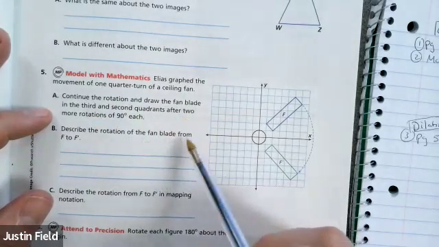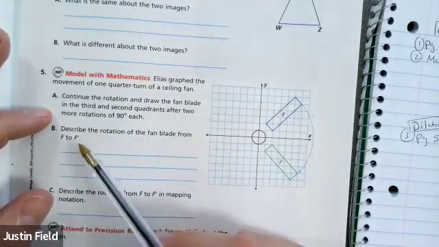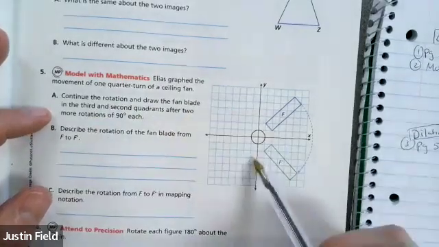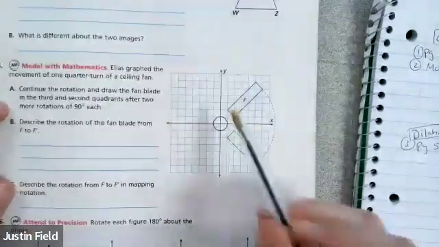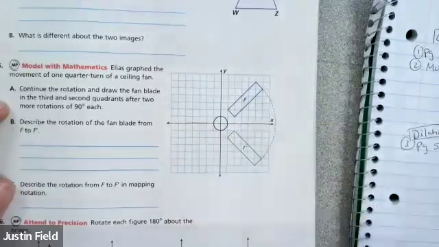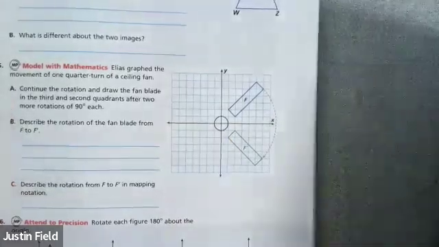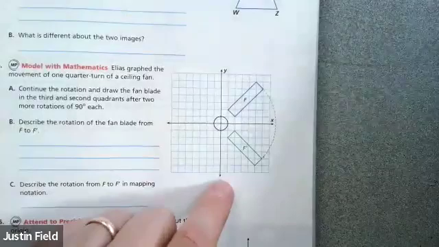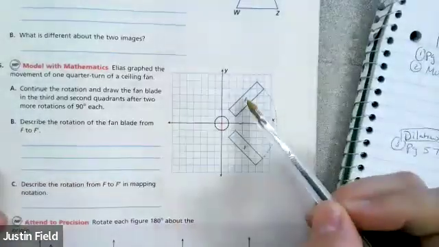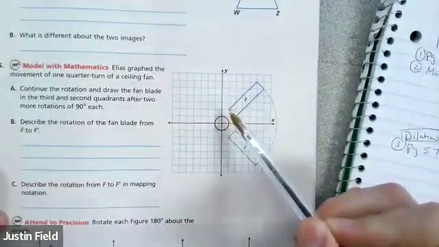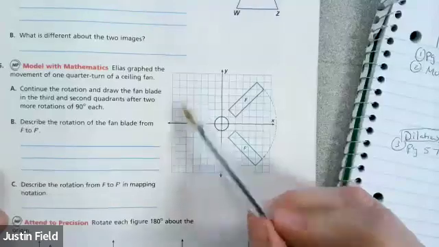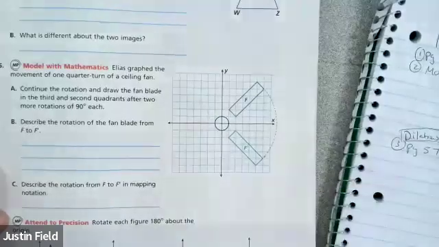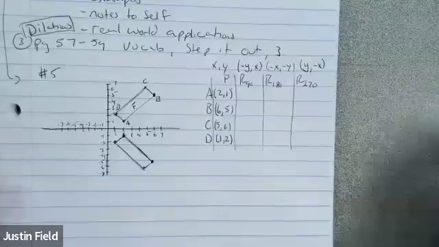Describe the rotation of the fan blade from F to F prime. I want you also to copy this down into your notes. So I'm going to pause the video and do that. Then we're going to rotate to make the fan blades here and here. All right, let me pause and put that in. All right, here we go.